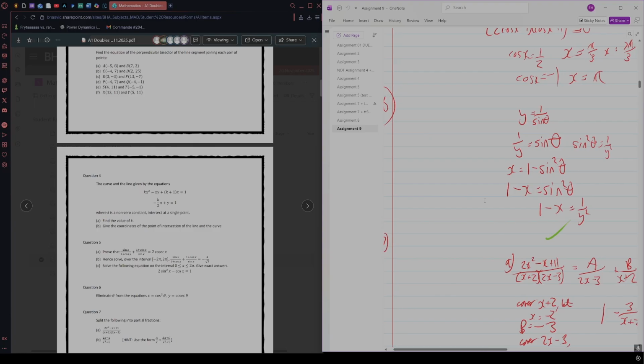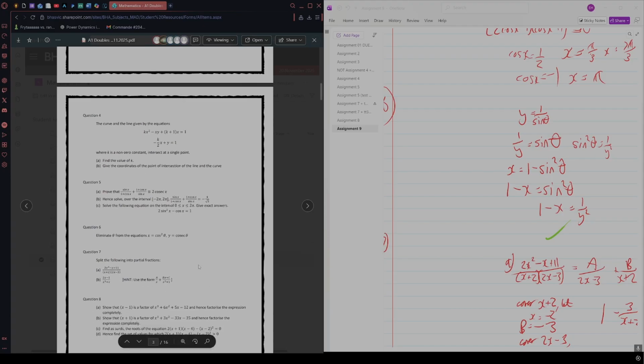So for this question, you have to eliminate theta, which means you have to get both sides in terms of the same trig function, so that you can set them equal to each other. So for this one, I said sine squared theta equals 1/y squared, so I rearranged cosec into sine squared, and then here I just turned cos squared into 1 minus sine squared, and then set them equal to each other.